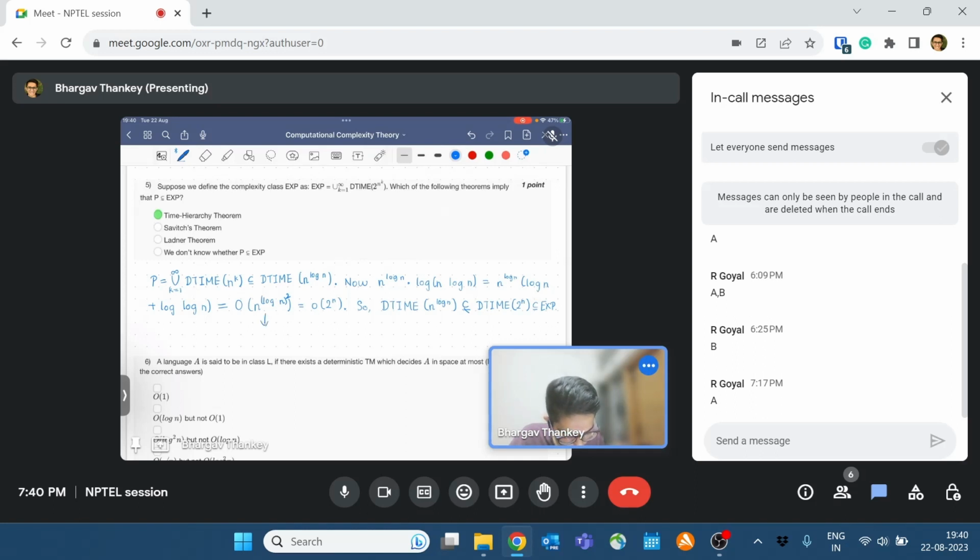This thing is just 2 to the power, and this is still an increasing function of n, right? So as n approaches infinity, this approaches zero.